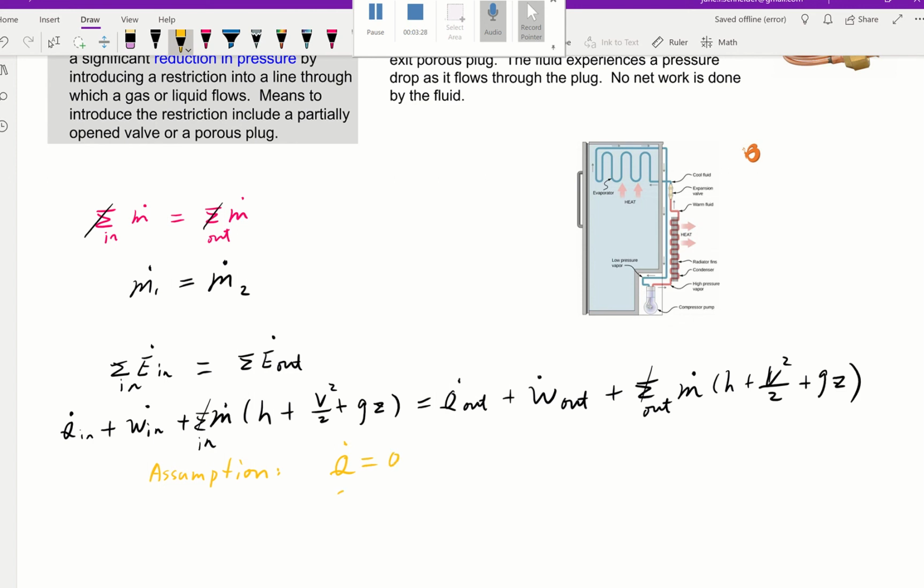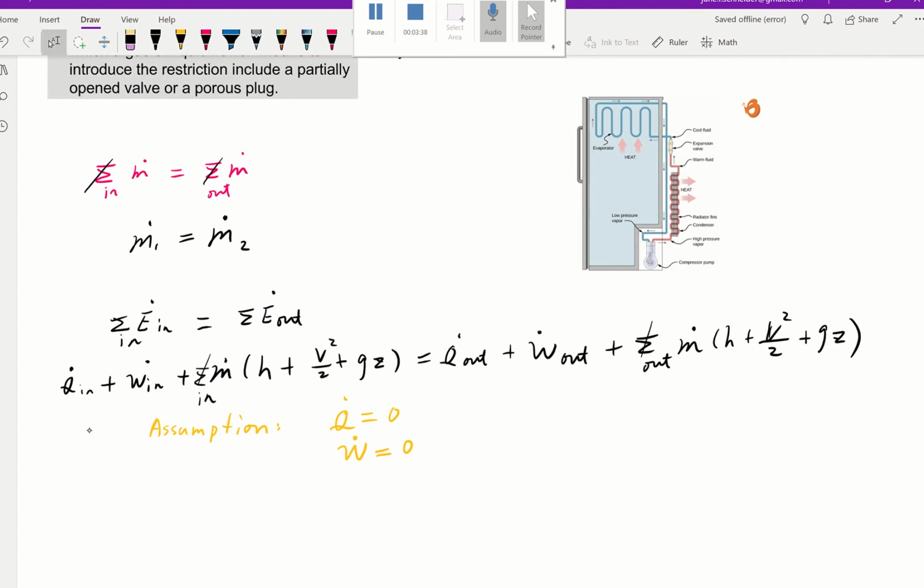We assume there's no work done. There's no required work and no work generated, so there's no work transfer rate. We also consider there's no kinetic energy change. This stays constant, so the change will be 0. We also consider there's no potential energy change. That equals 0 as well.